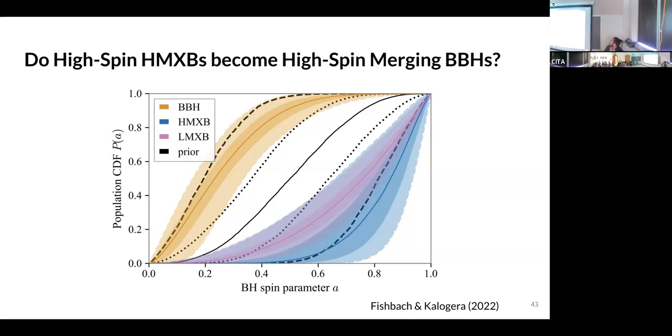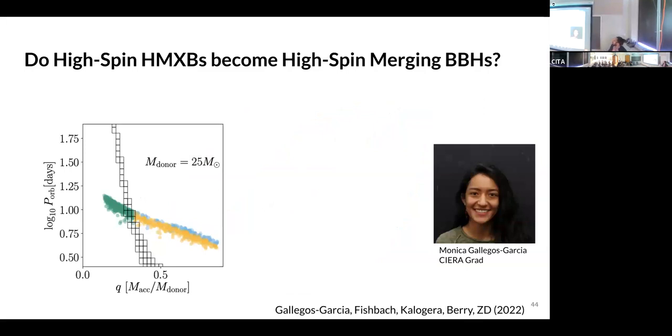Yeah, so I'm not exactly sure why those specific binaries don't end up merging, but basically when you look at the things that at least you would think would get spun up in case A mass transfer, which doesn't necessarily need to be the way that these black holes get their spin. There could be other things, right? This was just one thing we considered in this work.